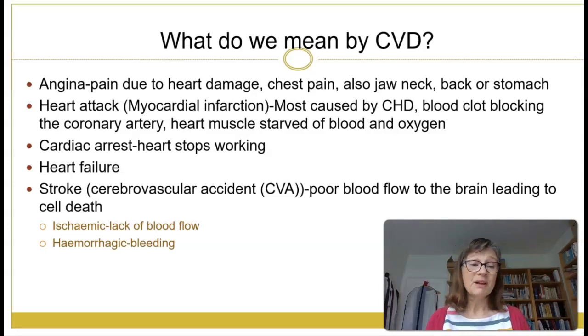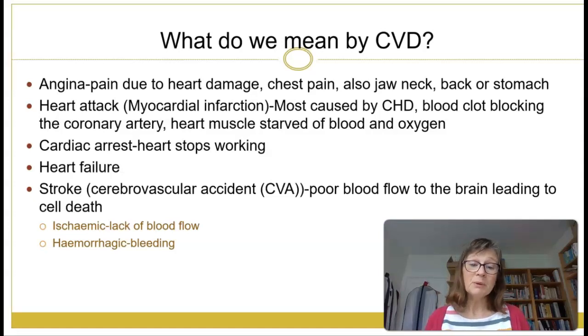A cardiac arrest is when the heart stops beating altogether, it stops working. Heart failure, I will come back to in a minute, but that is the result of multiple heart attacks, so bits of heart muscle dying. For some people one heart attack is enough and they have a cardiac arrest and die.